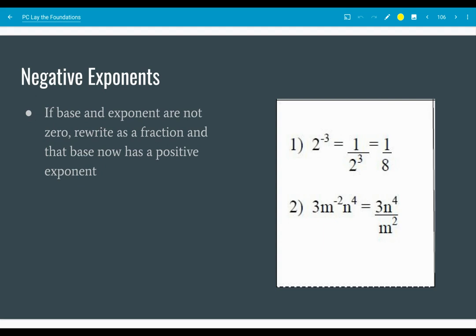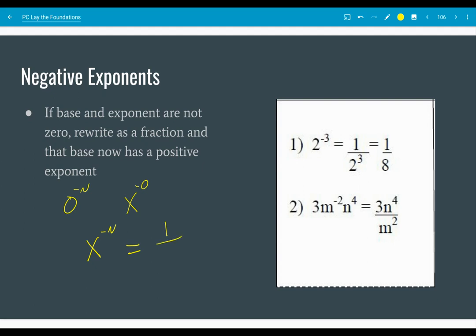Now, we have negative exponents. When we're dealing with negative exponents, if the base and exponent are not 0, so what that means is we don't have 0 raised to a power, or we don't have x raised to the 0 power, then if we have x to the negative nth power, what that means is you rewrite it as a fraction.